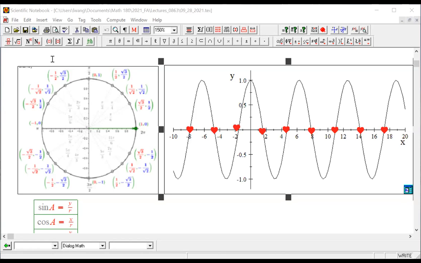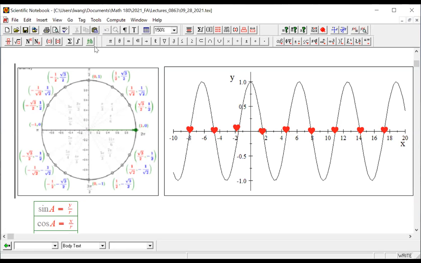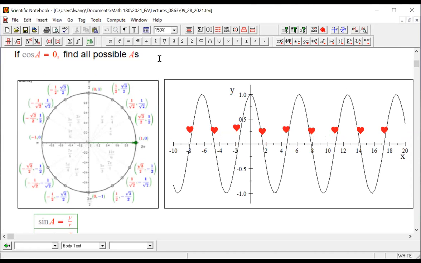The nature of the question is that if cosine A equals 0, if the output is 0, we want to find all possible A's. That's the nature of the question.